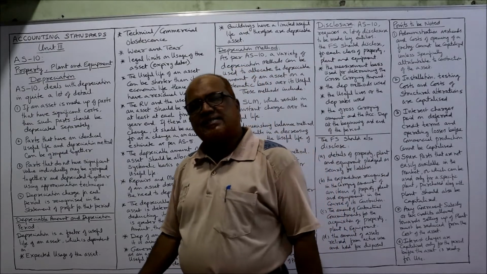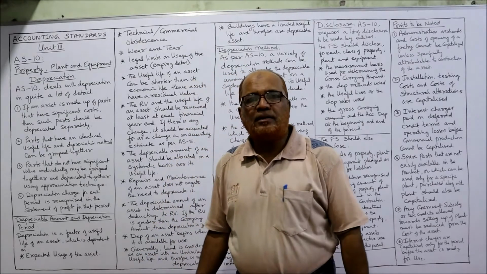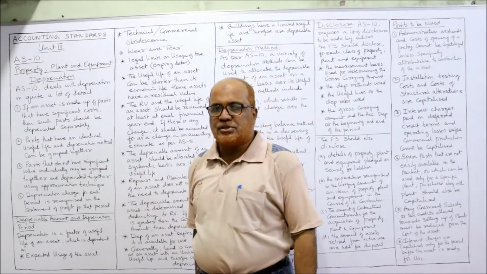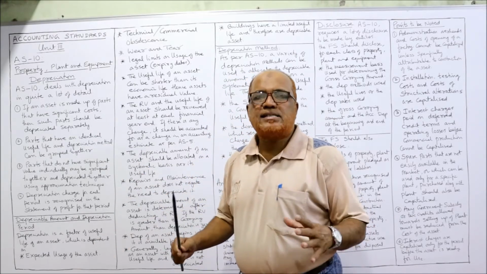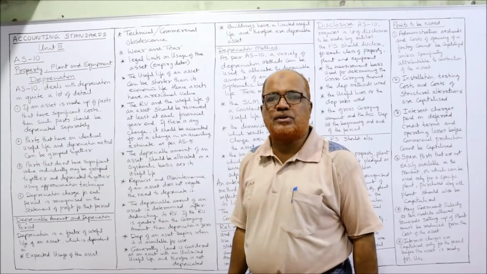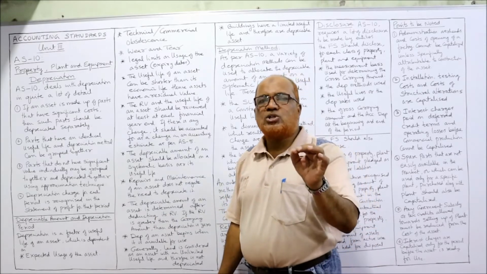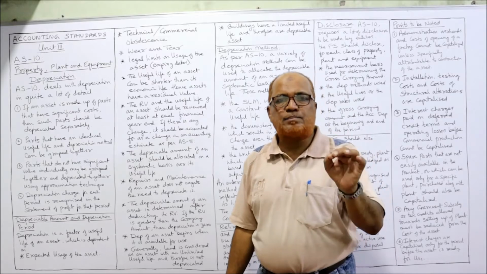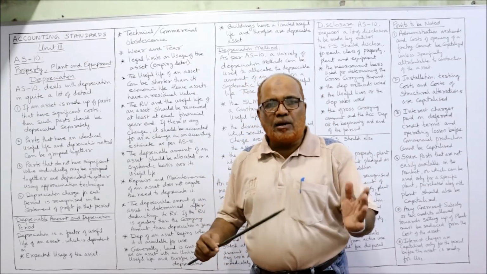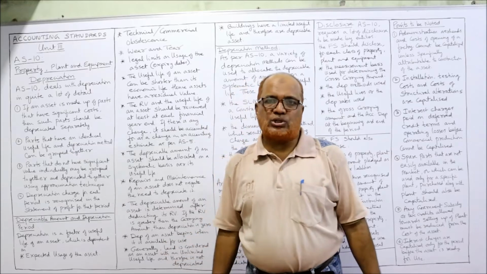Now, AS10, Property, Plant and Equipment, PPE. This part is regarding depreciation. AS10 has given elaborate provisions regarding depreciation, because depreciation is a very important aspect of the financial statements, in the income statement as well as in the balance sheet.